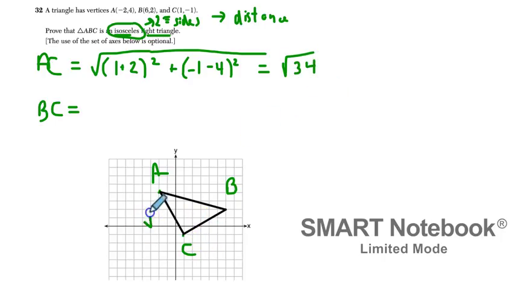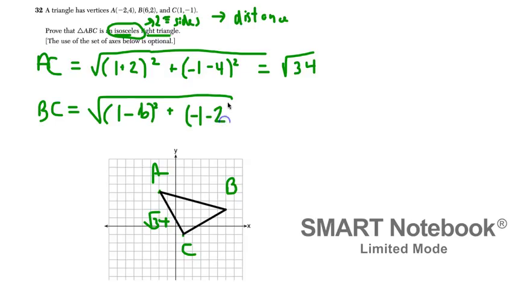So AC has a distance of radical 34. And BC, so now I need to find the distance between B and C, x2 minus x1 squared plus y2 minus y1 squared. That's negative 5 squared, or 25, plus negative 3 squared, so that's plus 9. 25 and 9 is 34. So BC is also radical 34.